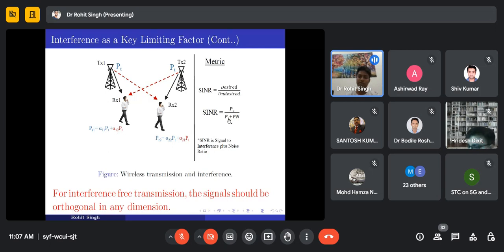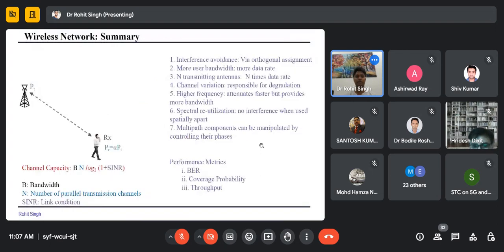Among the undesired power, it is always interference, and some noise power can also appear in the denominator. So our intuition is to have more desired power as compared to the undesired power. And this SINR, signal to interference and noise ratio, should be as high as possible in order to have better signal conditions. Now, just to summarize what is required at this end.